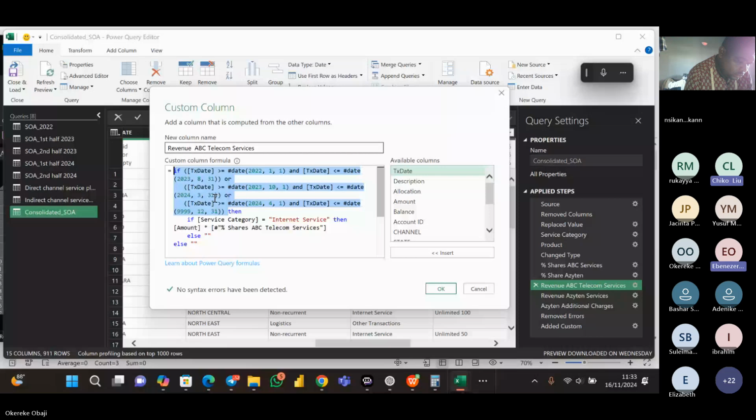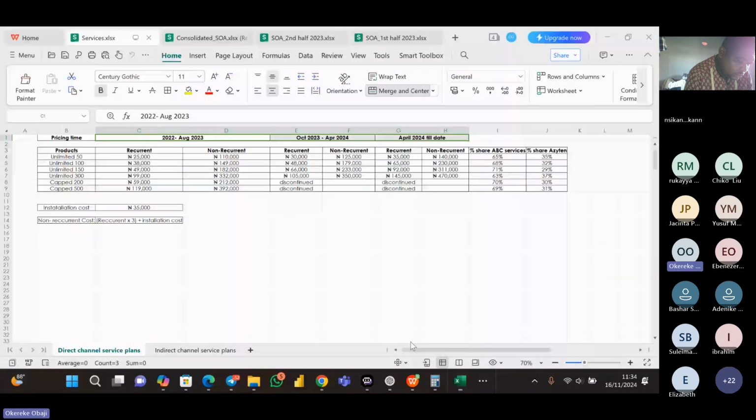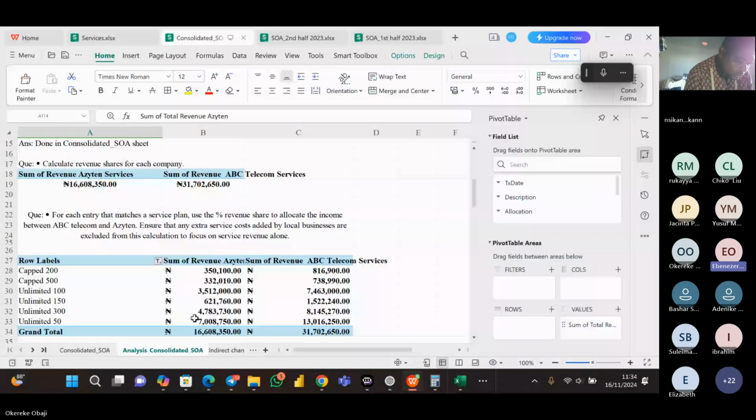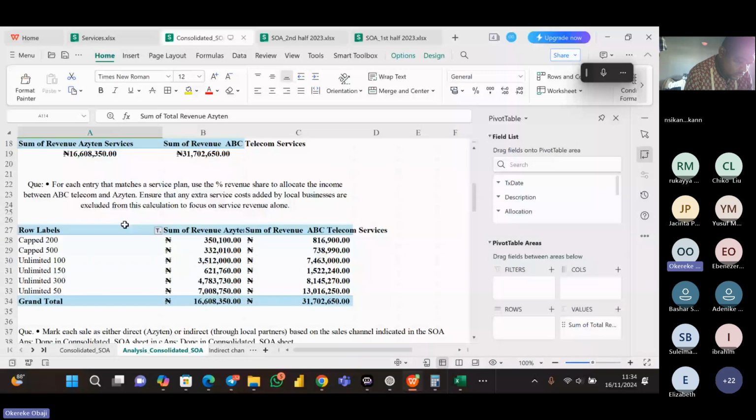Okay, so where's your summary report? Okay, go to your summary report quickly, let's see. Yeah, so this is our summary report, analysis, consolidated SOA. These are the summary reports, sir. Okay, so what's the grand total? Let me just highlight it.